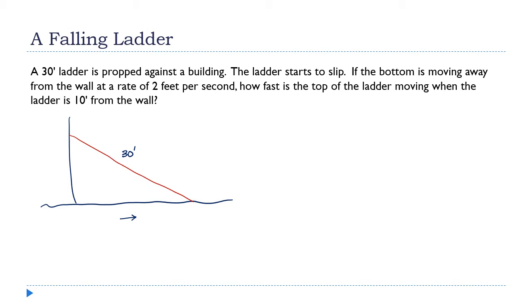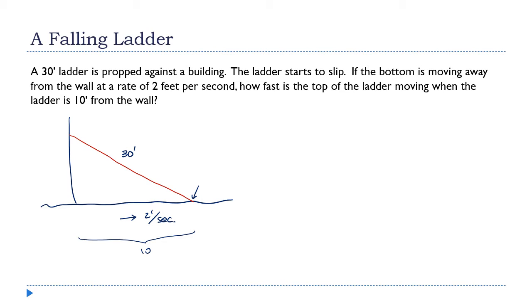This rate of change is 2 feet per second. And I want to know how fast is the top of the ladder moving when the base of the ladder, when this part, is 10 feet from the wall. So when this distance is 10.